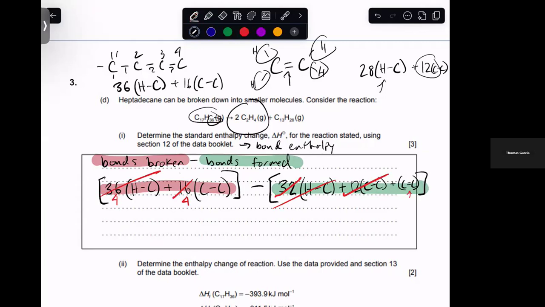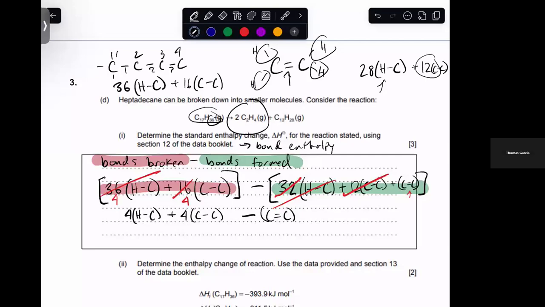So what I end up with is 4 times my hydrogen carbon bond, plus 4 times my carbon carbon bond, minus my carbon carbon double bond. So this is how I'm going to solve this problem right here.